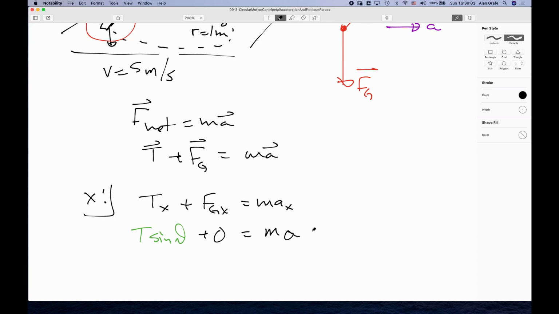But we can take this just one step further. We know that since we're moving at constant speed in a circle, that's equal to v squared over r. Sometimes authors will call this piece right here the centripetal force in the problem.